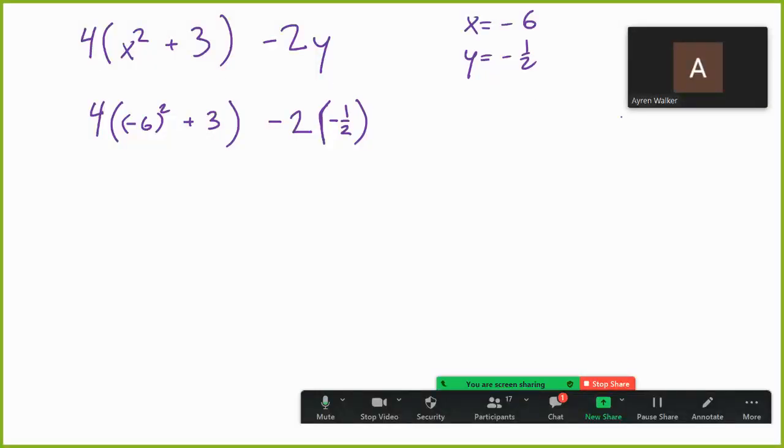Okay, now we want to use our order of operations. So recall from last week and earlier in life, I know you've used it before. It's PEMDAS. That's our shortcut to remember it. And that means parentheses, exponents if there are any, multiplication, division, addition, and subtraction.